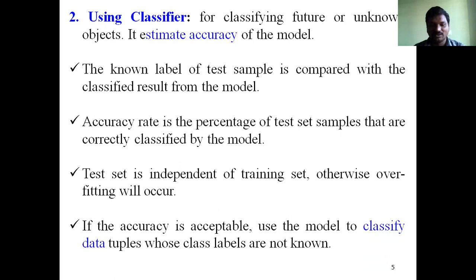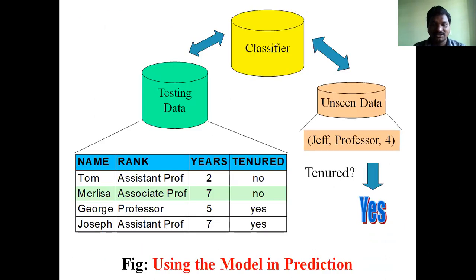Then use the model to classify data tuples whose class labels are not known. Here the class label is tenured, yes or no. For example, I am giving Jeff, a professor with 4 years of experience, as testing data.